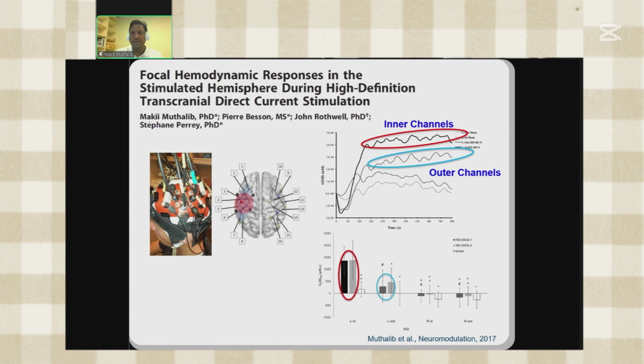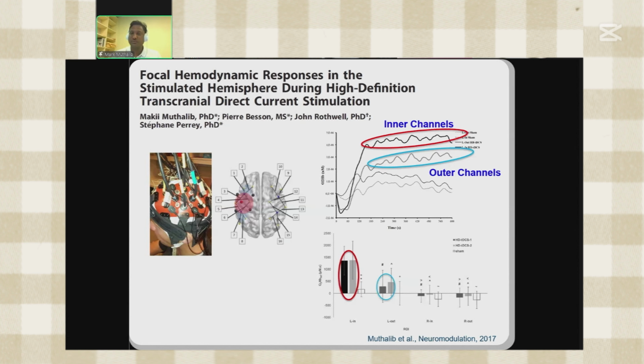This is also indicative of how we can use the NIRS signal to determine the level of electrical field. So as I mentioned earlier, what we're trying to do is to get the current into the brain, and the barrier for the current to go in is the skull. So in some sense, how do we know how much current has gone in? NIRS can provide a surrogate of this, as we've shown, with the NIRS channels within the boundary of the stimulation providing a larger increase.